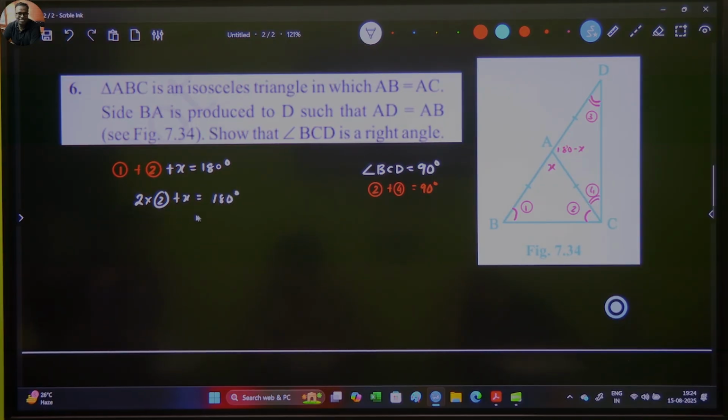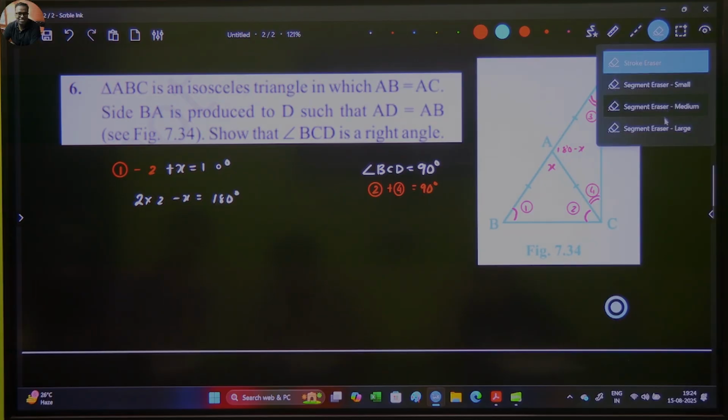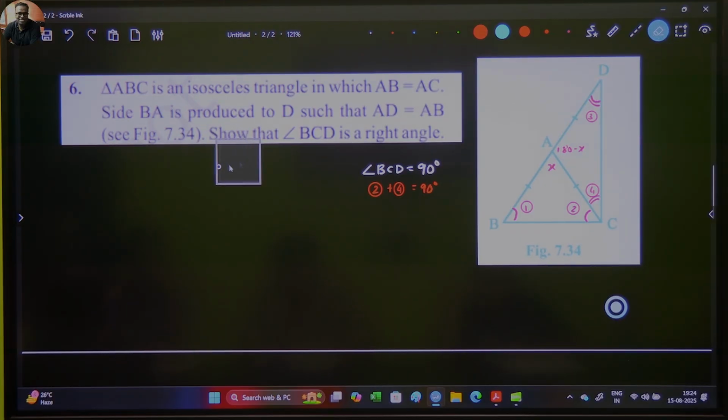Is this step understood? नहीं, समझ में नहीं आया. पहले देखो ना ट्राइंगल को, just forget everything, just look at this. Is the numbering okay with you? This is 1, this is 2, this is 3, this is 4, and if this is x, this is 180 minus x, linear pair.